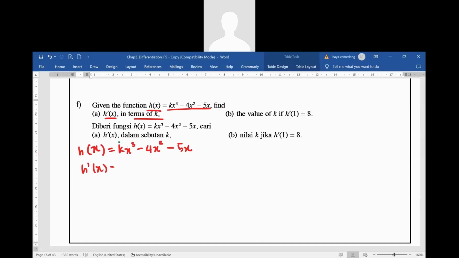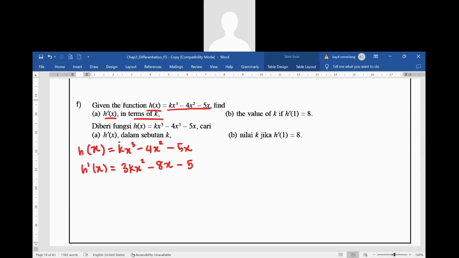Now h prime x is equal to, you do your differentiation: 3kx squared minus 8x minus 5. This is what you will get for your h prime x in terms of k.